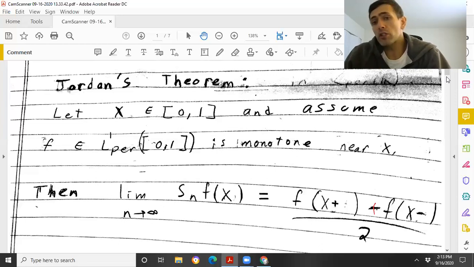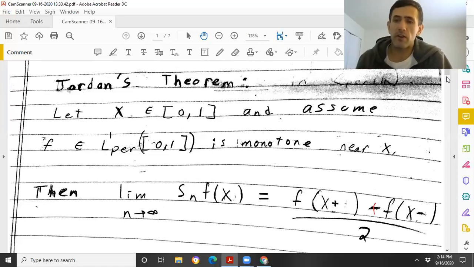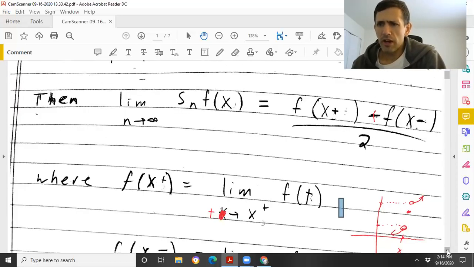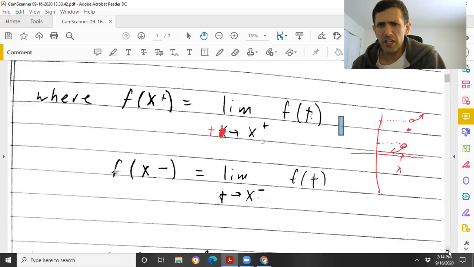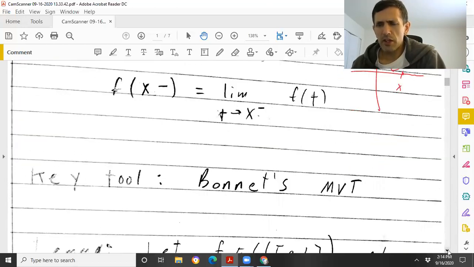And usually, actually, Jordan's theorem is stated for functions of bounded variation because it's a pretty lax criteria to have a function of bounded variation. You really have to do a little bit of work to come up with kooky counterexamples to show that there exist functions that don't have bounded variation.